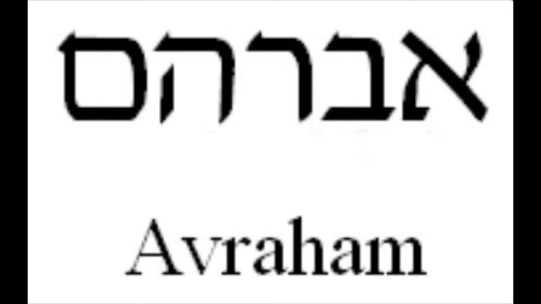We're not going to get deep into the linguistics of why Hamon is spelled that way, but that is the new word that is added, which means multitude. So if you say it all together, Ava, Ram, Hamon, and then you contract it, the new name you get is Avraham, which could simply be translated to the exalted father of a multitude, without delving deeply into the midrashic meanings behind the name, father of a multitude.